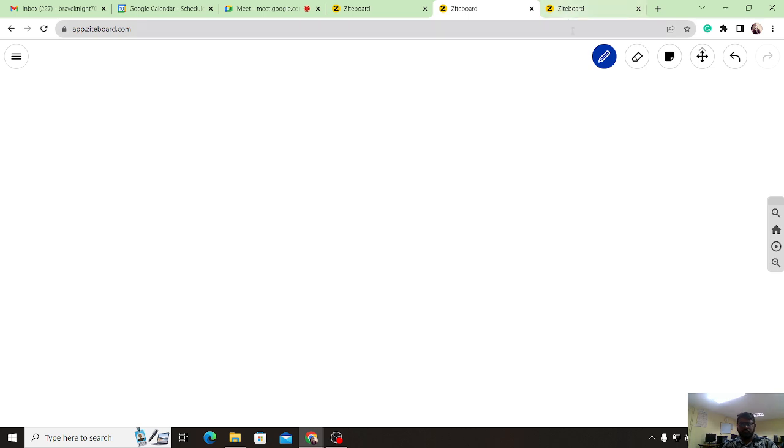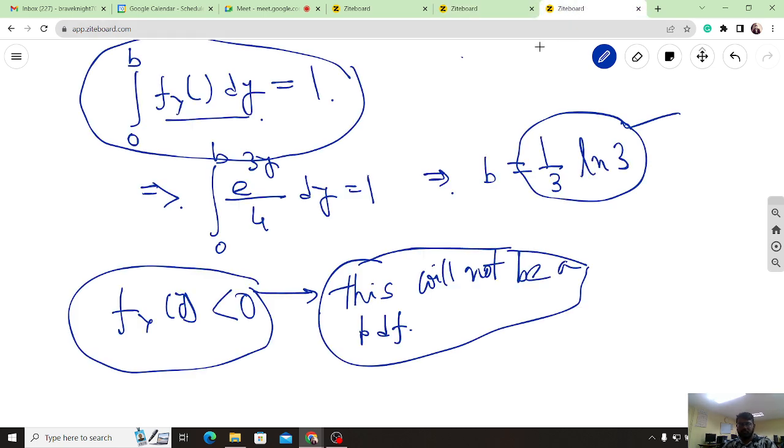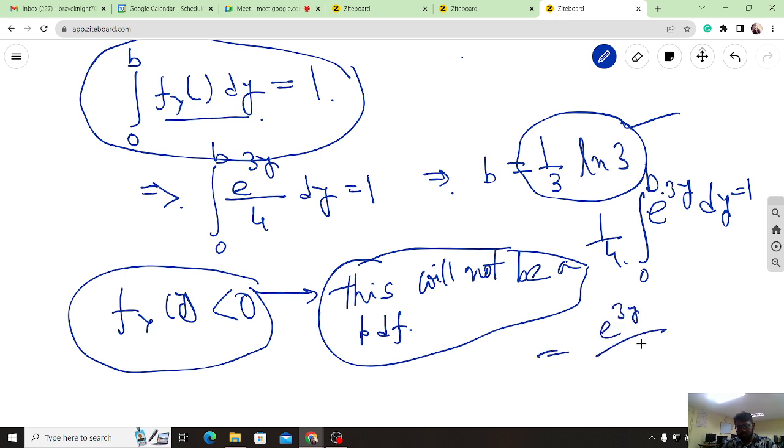I have a question. How did you get ln of 3? So basically I have to do this integration. What is the integration of e to the power 3y dy from 0 to b? e to the power 3y by 3. Let me check once. I think it is ln of 13.